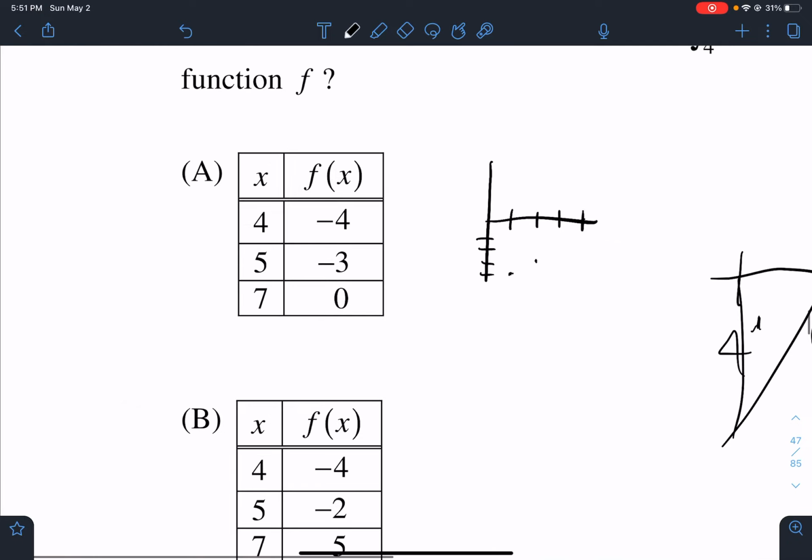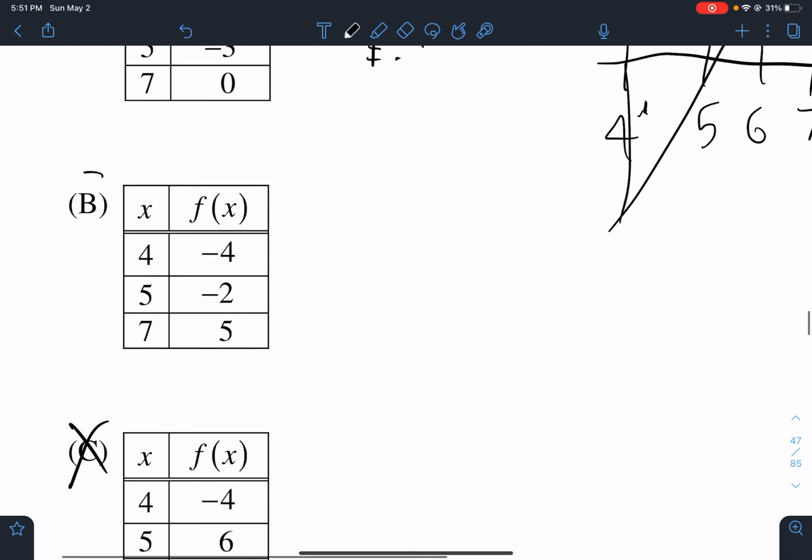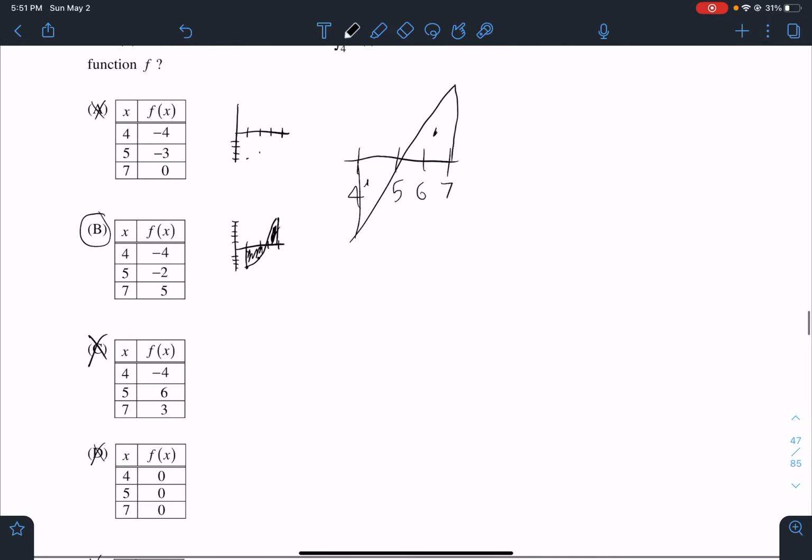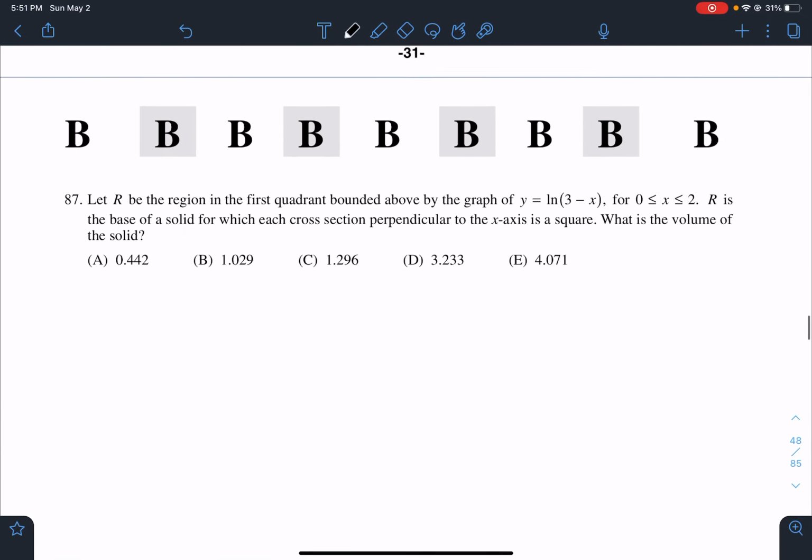So we can confidently rule out A, and we can say that B is our answer, because if we graph it out, 4, 5, 6, 7, 4 is going to look like that, 5 is going to look like that, and 7 is going to look like this. So this area will pretty much cancel out, and the integral will be 0. And that's the only one that fits that description. So B is our answer.